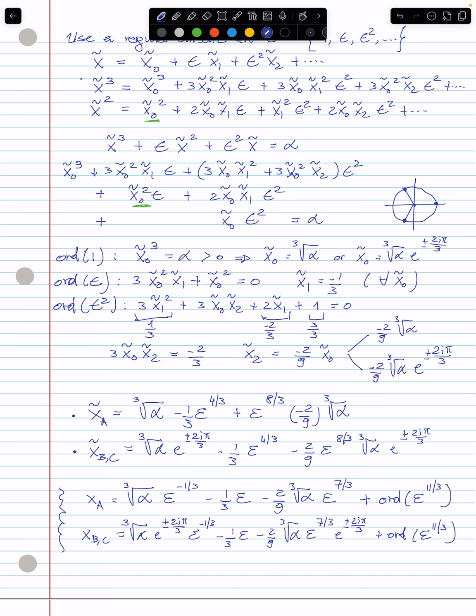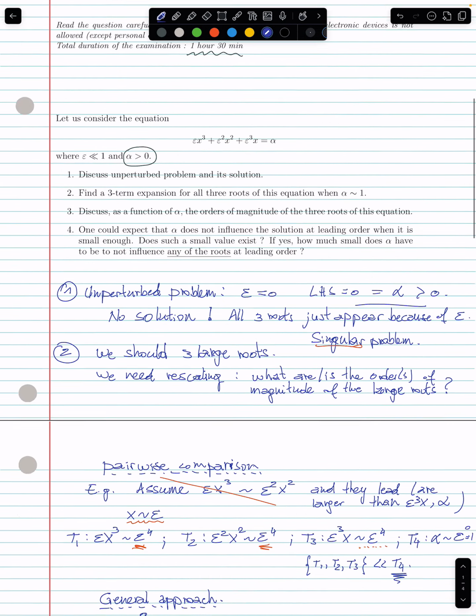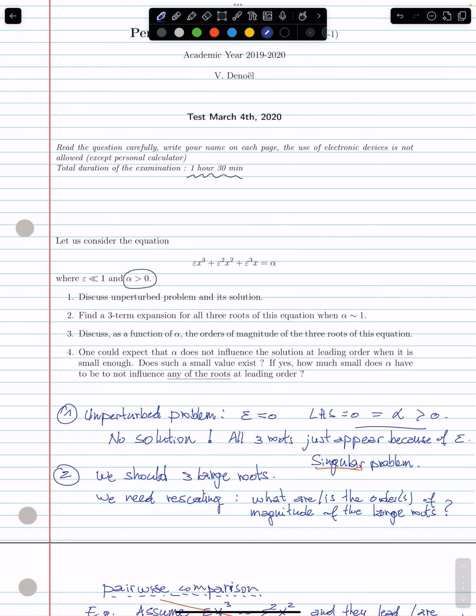Done. So this is exactly what we were requested: find a three-term expansion for all three roots of this equation when alpha is of order 1. Then discuss as a function of alpha the orders of magnitude of the three roots in this equation.